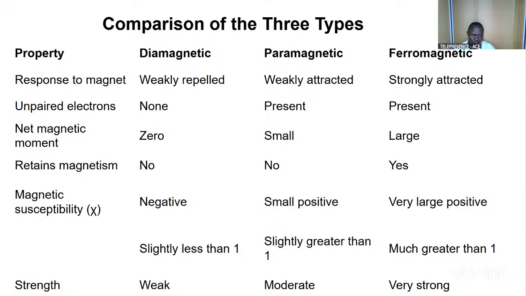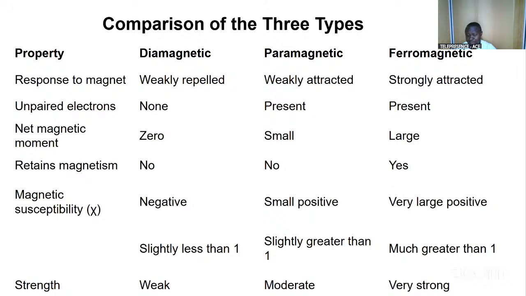For response to a magnet, diamagnetic responds very weakly, weakly repelled; paramagnetic is weakly attracted; but ferromagnetic is strongly attracted. Unpaired electrons: diamagnetic has no unpaired electrons, while there are some unpaired electrons present in paramagnetic and ferromagnetic material.